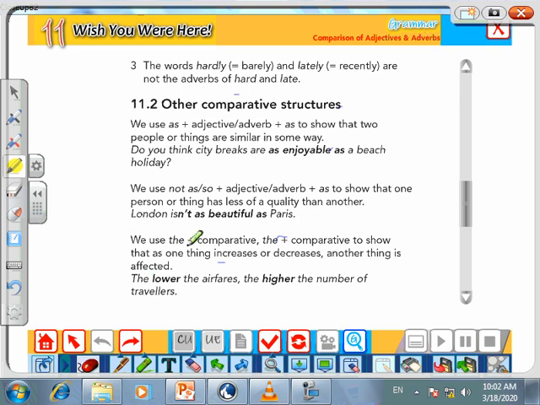Like when I say the plus comparative, comma, the plus comparative, to show that when one thing increases or decreases, another thing is affected. When I say the deeper I enter, the colder I feel. The lower the airfares, the higher the number of travelers.